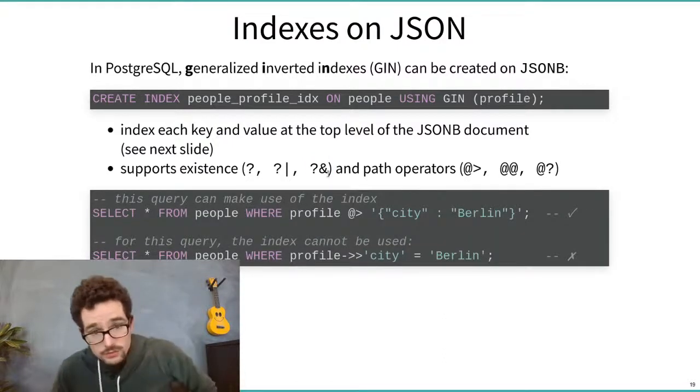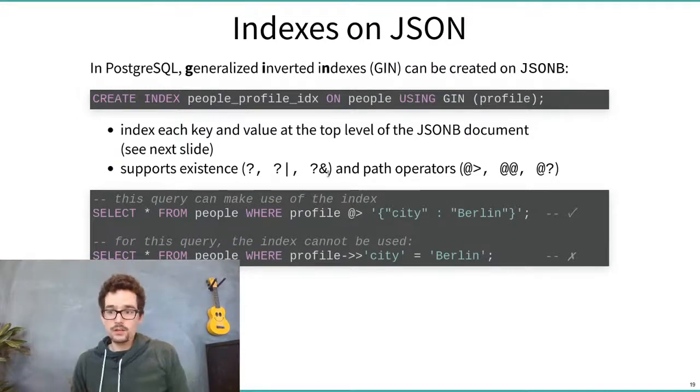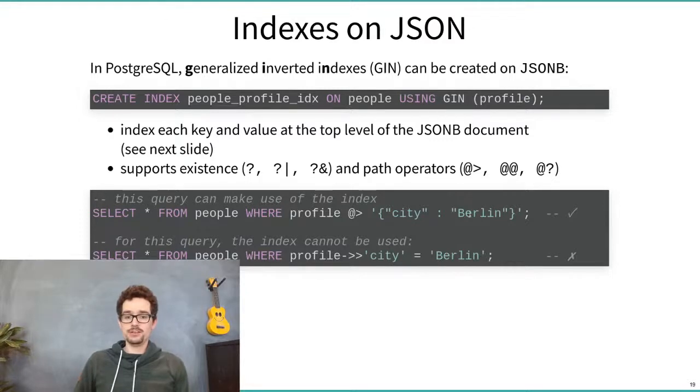Okay, so it is now important to ask the right queries. Basically this query and that query are the same: find all people that have the city Berlin in their profile. Here we make it with a containment operator. Profile contains city Berlin.